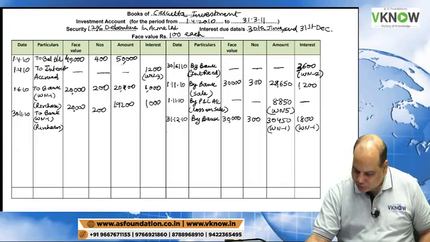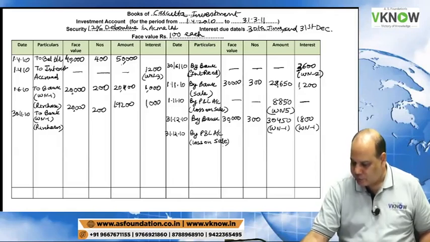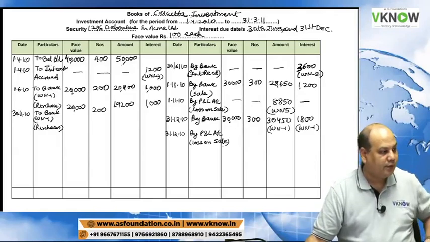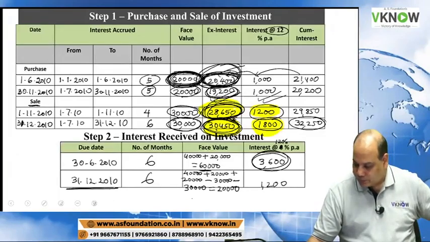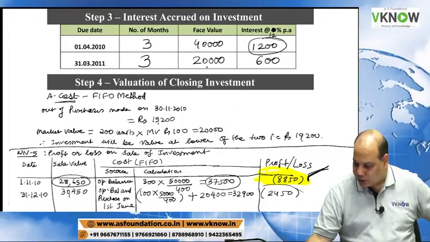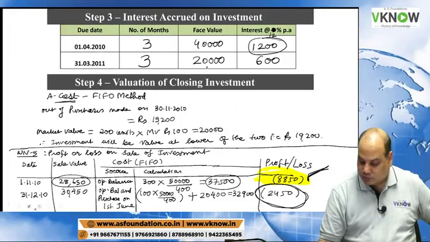And then on the same date, we have to pass one entry for sale also, by P&L account, loss on sale. You will go to working note 5. This is the working note 5, extreme end, right side, 2450.